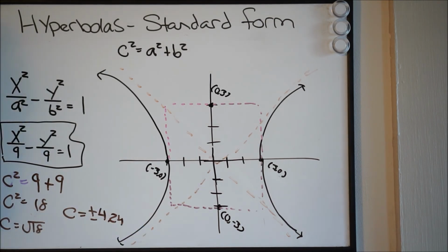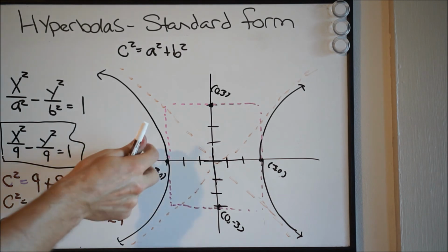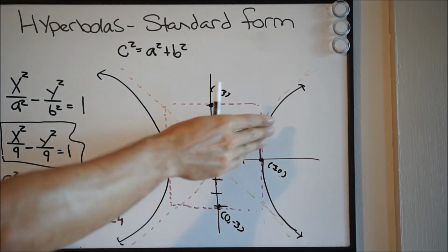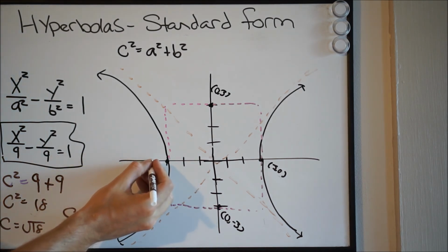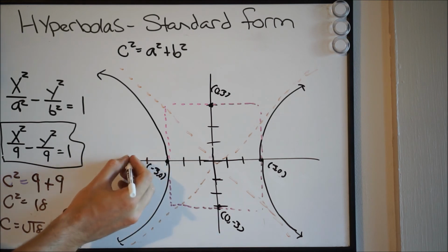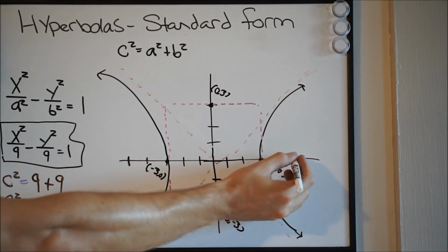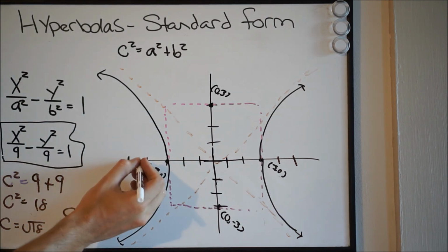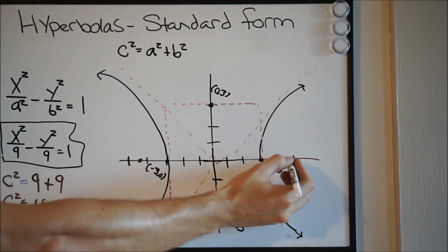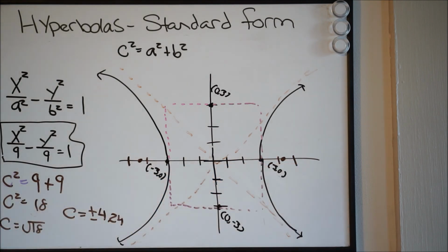That makes sense because we know that the foci actually occur on the inside of these outward facing branches. So if we go ahead and put this in, we'll be right about here and right about here. That is where our foci are going to be occurring.